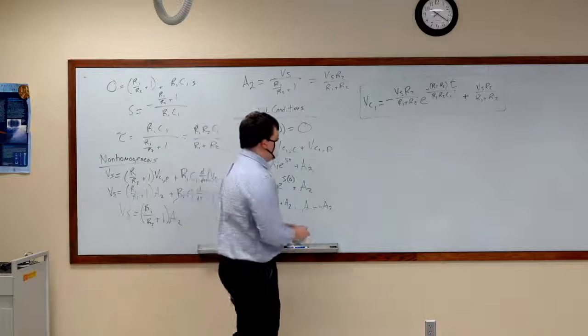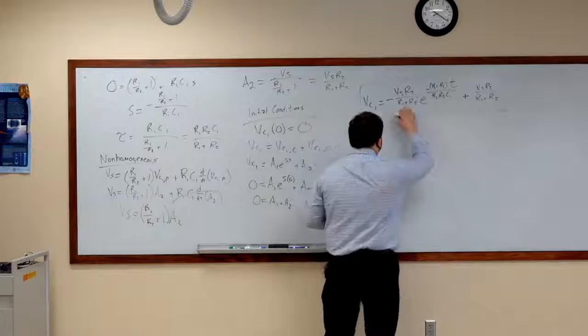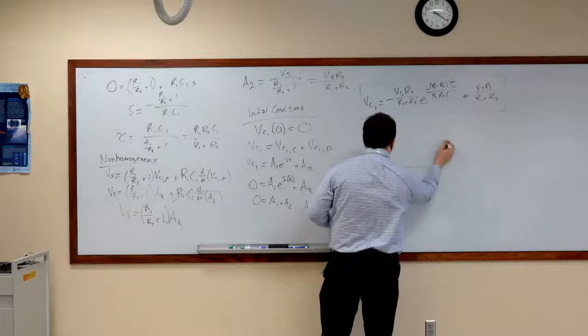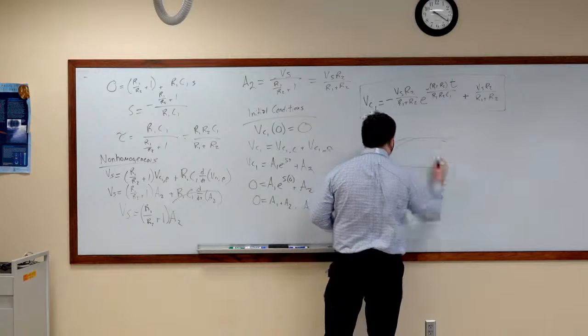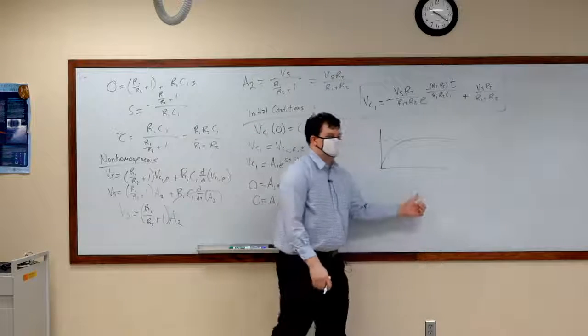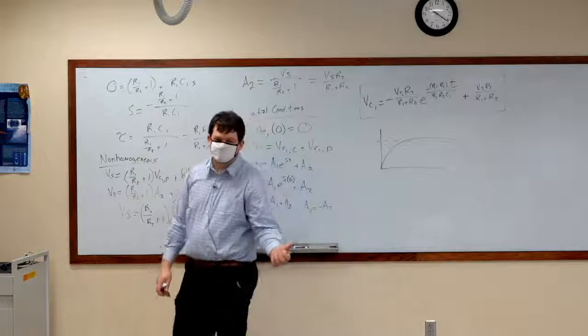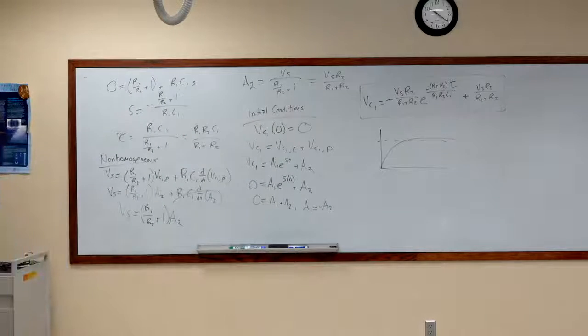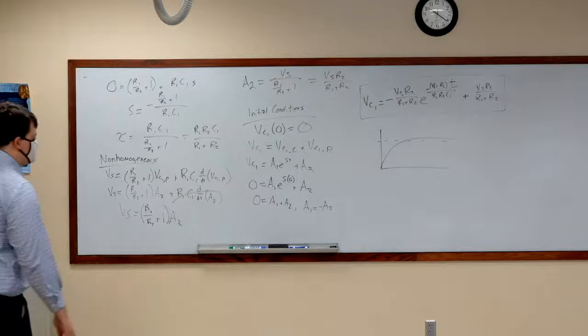And this is how it reaches that 6 volts. It's the same exact shape for an equation. You want to plug that into your calculator, that's what you get. Different numbers, a little bit more complex numbers, but it's the same shape. This is VC with time.